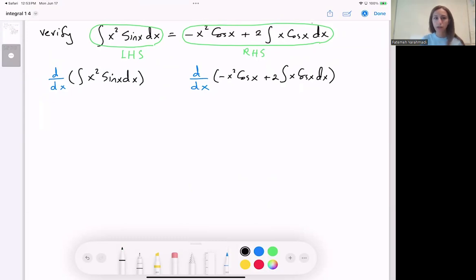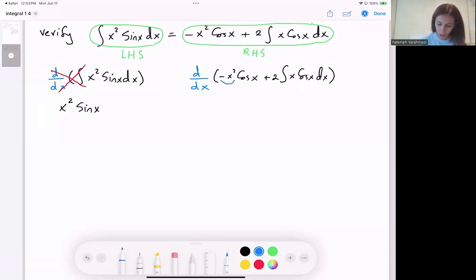So we have x squared sine x dx, and here negative x squared cosine x plus 2 integral x cosine x dx. The integral and the differential on the right-hand side are a little bit easy to work with because intuitively the differential and the integral are opposite operations, so you can cancel these two out. On the left-hand side, you have x squared sine x. On the right-hand side, you have a little bit more work. Why is that? Because here you have the multiplication of two quantities. You have negative x squared, which is multiplied by cosine x.